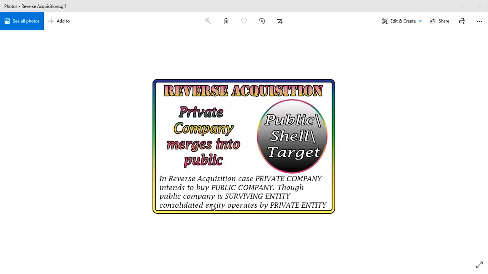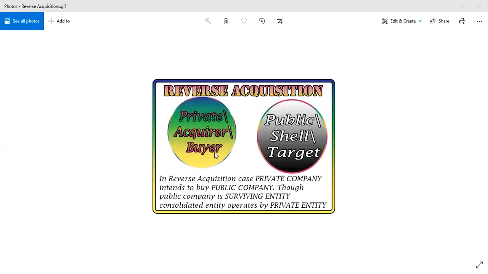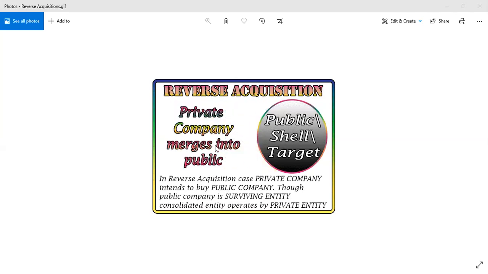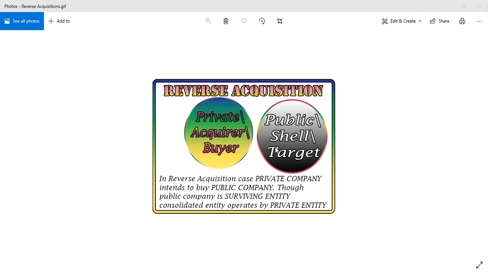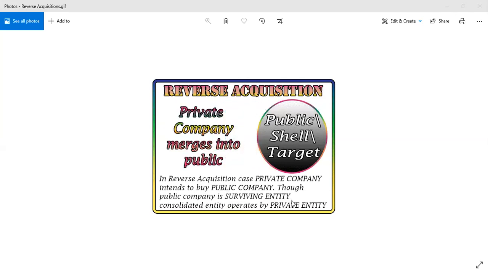The public company is the surviving entity, but the consolidated entity is operated by the private entity, because we will know later on that this private entity is actually the acquirer or buyer, despite the fact that it seemed initially, under the contract, that the public company, or shell, or target acquires the private company, legally speaking.